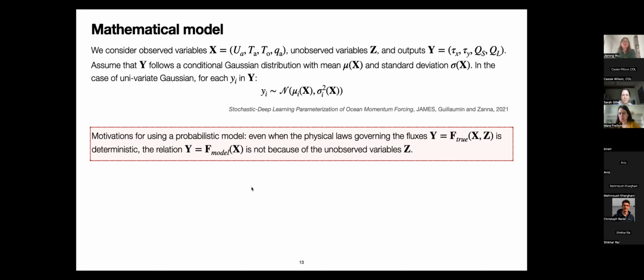Really the motivation for developing a probabilistic model instead of a point estimate is that, because of maybe imperfect observation and unaccounted-for inputs, which is summarized in this unobserved variable zeta, even when the physical laws governing the fluxes y as a function of x and zeta are deterministic, the relation between y and our observed variable x might not be.